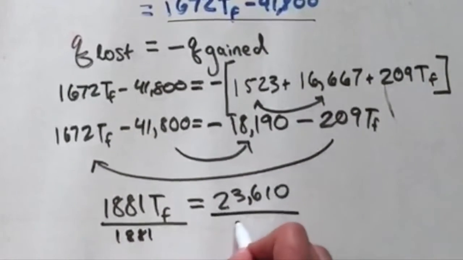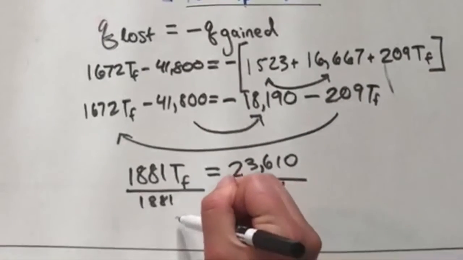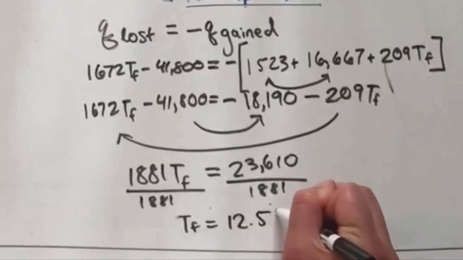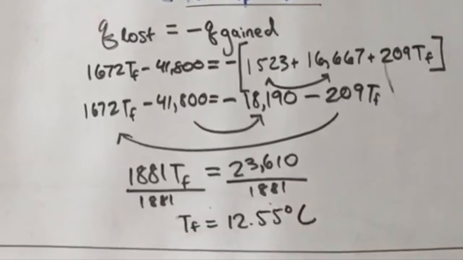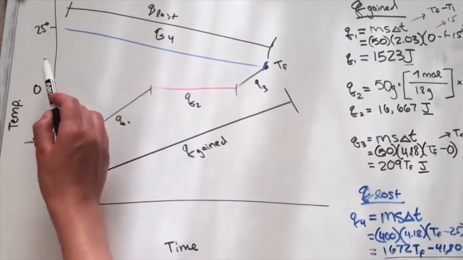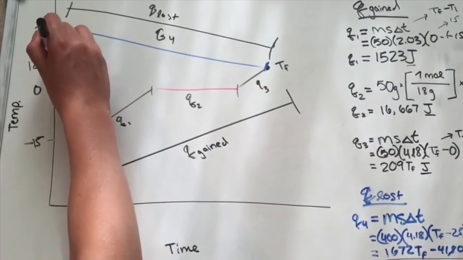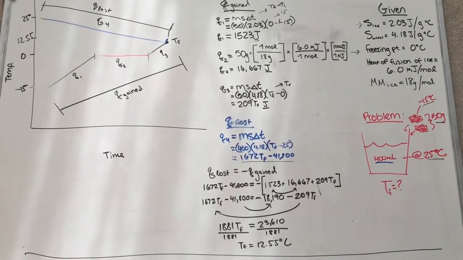We'll divide each side by the TF coefficient, and then we're left with the final temperature being 12.55 degrees Celsius. And this makes sense since it's between our two initial temperatures. We'll go ahead and write that in, and congratulations, you've solved your first phase change problem.